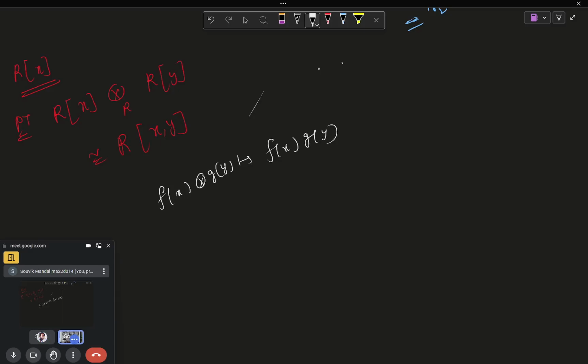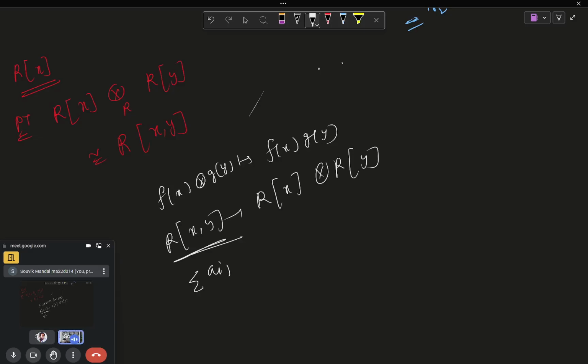Yes. The second direction map we need to define: Rxy goes to Rx tensor Ry. How to define this map? Any element is a linear combination, the summation of aij xi yj. This goes to the summation over i, j of aij xi tensor yj.